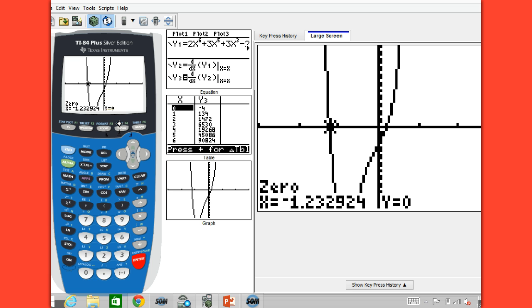And it calculates that value for me. So that would be where my interval changes from concave upward to concave downward. What does that make that? A point of inflection, right.